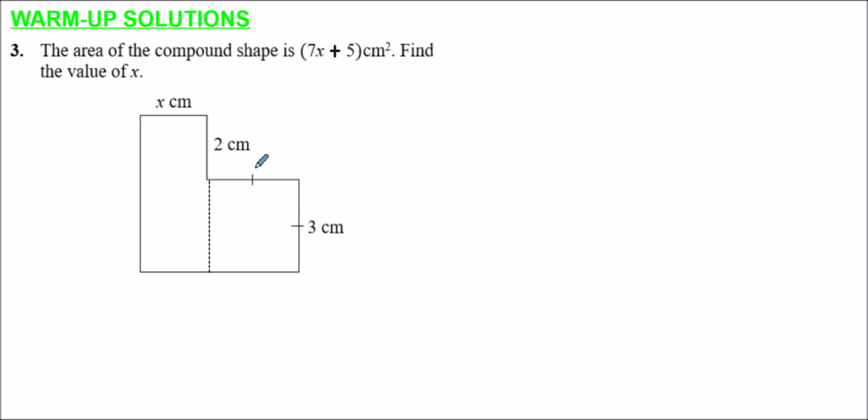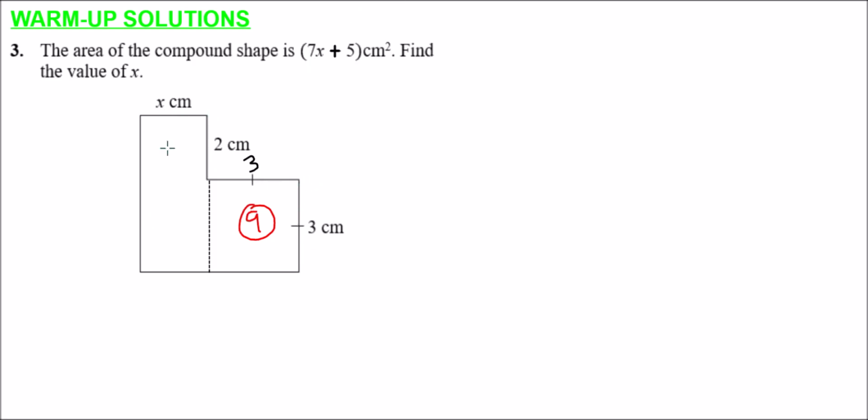So we can work out fairly straightforwardly that this section here must be a square that has an area of 9. We can also work out the area, in terms of x at least, of this rectangle on the left-hand side. And so we're told that it's got a width of x, and this length here is 2, this length is 3.